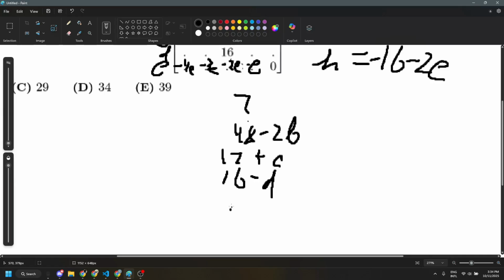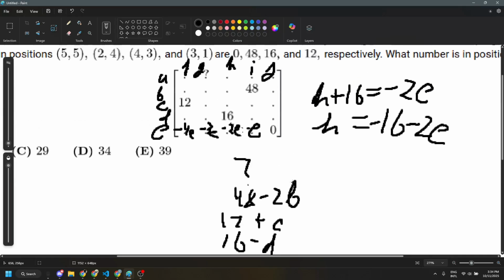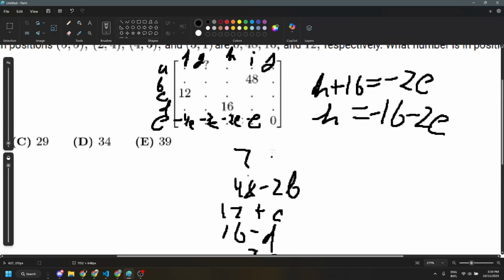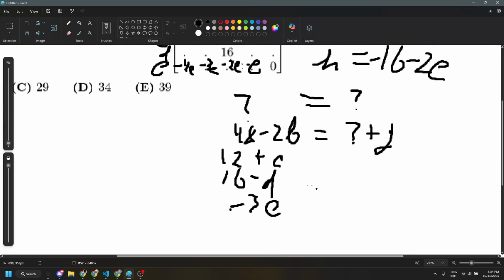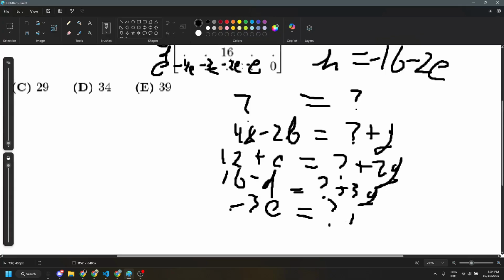And negative 3e. Okay. So how can we simplify this? So we know that this is equal to question mark. This is equal to question mark plus g. This is equal to question mark plus 2g. This is equal to question mark plus 3g. And this is equal to question mark plus 4g.